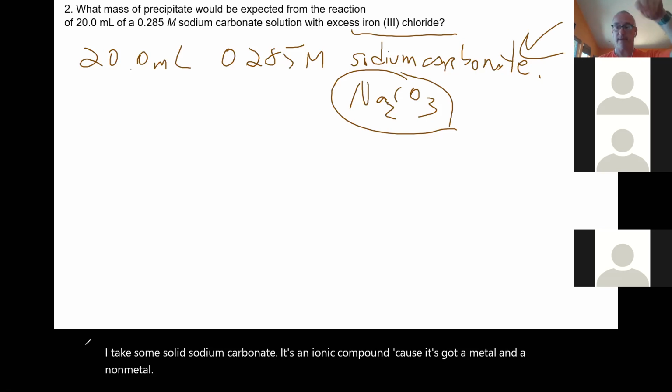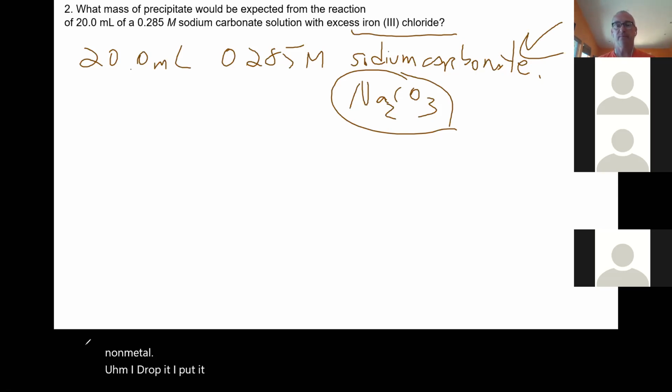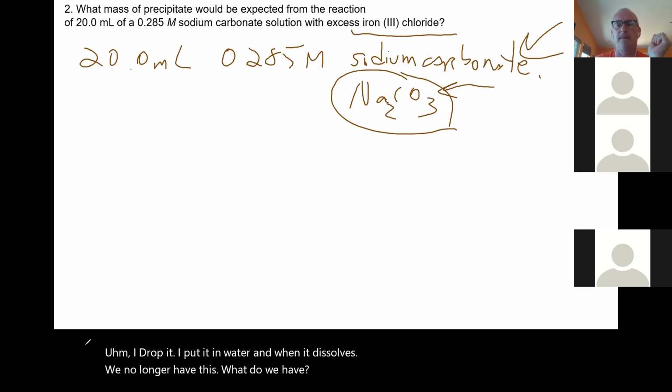I put it in water, and when it dissolves, we no longer have this. What do we have? What happens when we dissolve an ionic compound in water?